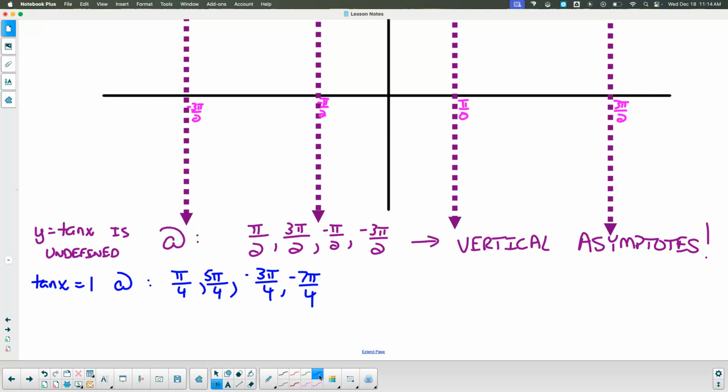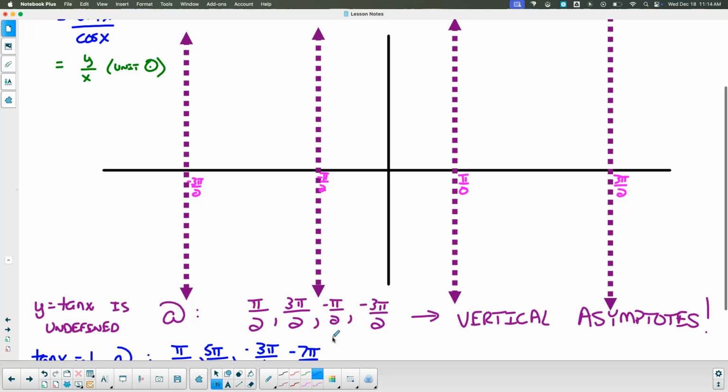Okay. Let's put those on our graph. Let's call that 1 and negative 1. So pi over 4. Oops. You guys tell me my 2 looked like a 0. Pi over 4 would be here. 5 pi over 4 would be here.